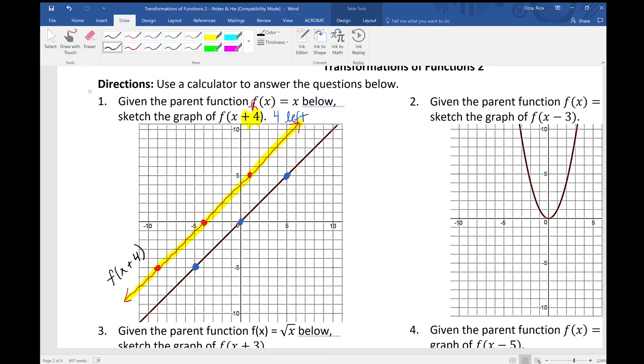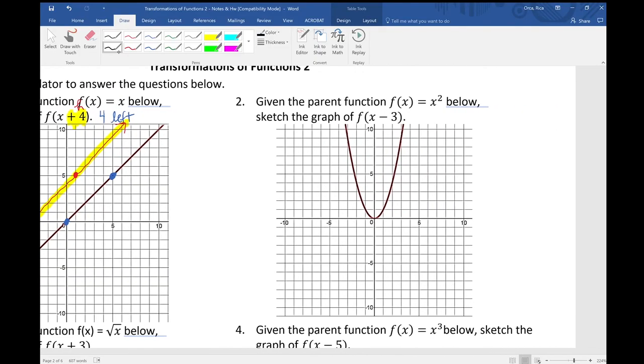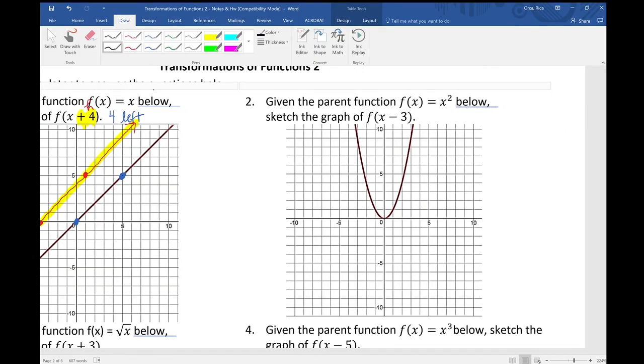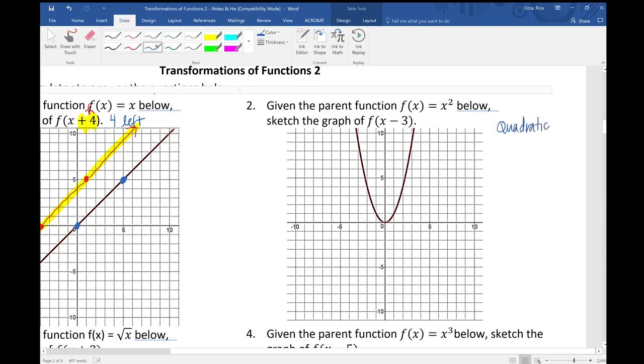Now let's move on to problem number 2. Given the parent function f(x) = x squared below, sketch the graph of f(x - 3). We have a quadratic function because the graph is a parabola. It's a U-shaped graph.